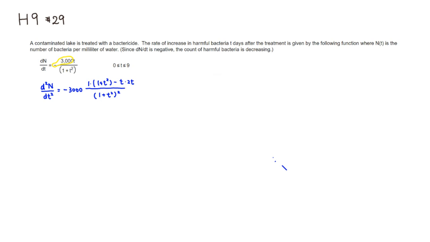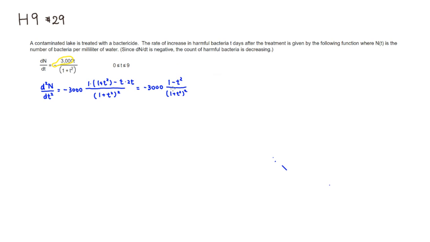If you clean this up, you're going to get negative 3,000, I'll just leave that, then 1 minus t squared, minus 2t squared, so it's going to be 1 minus t squared over 1 plus t squared, squared.